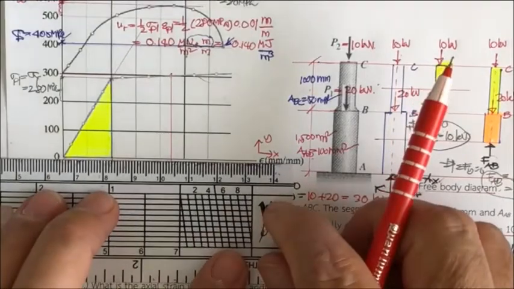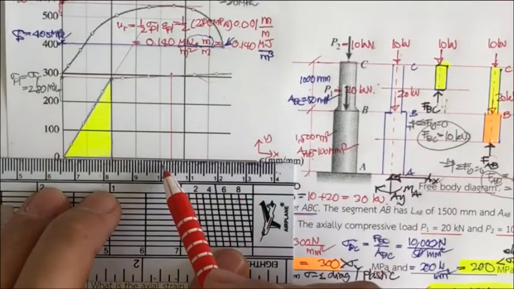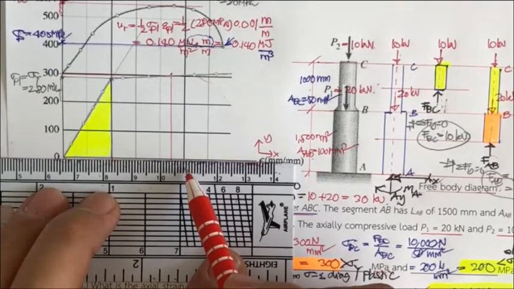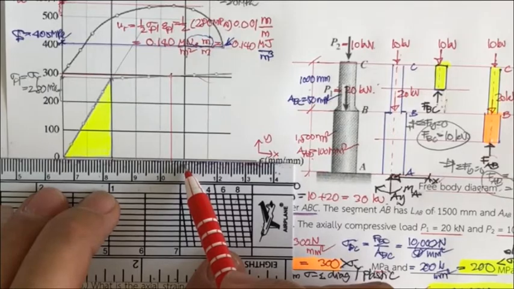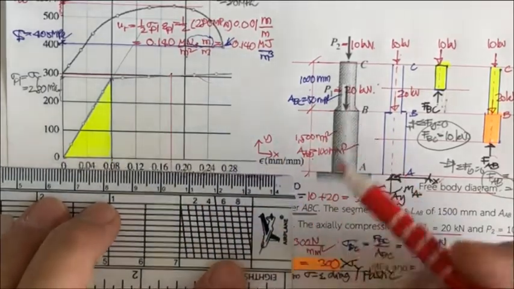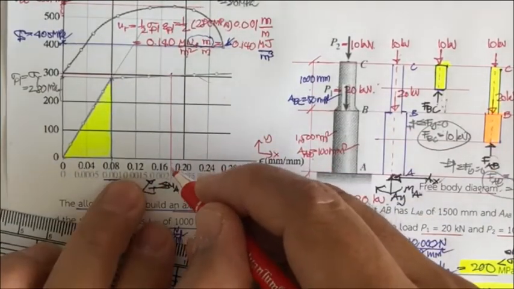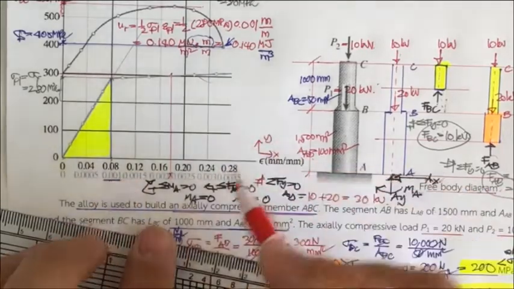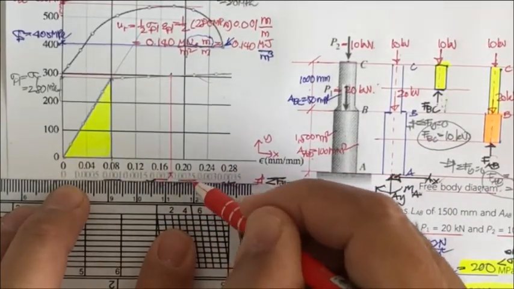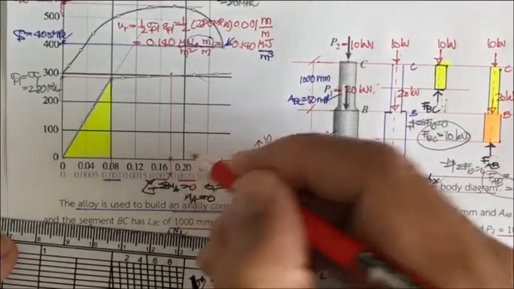This is going to be a total of 8 millimeter. And then this is about half of that. Since this point is half of 0.002, and this is 0.0025, it's going to be half of that.